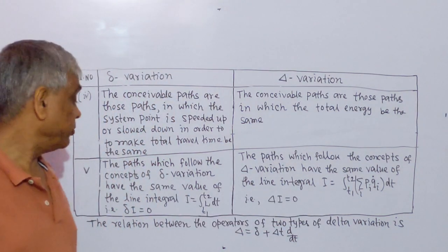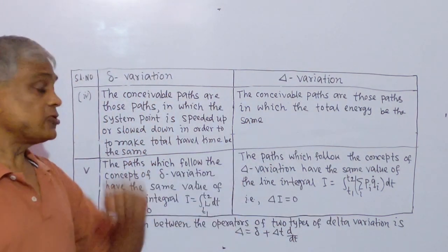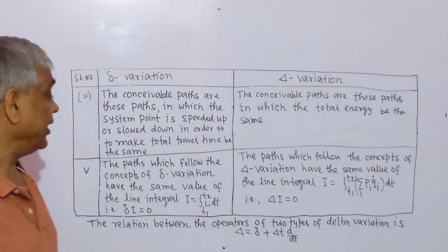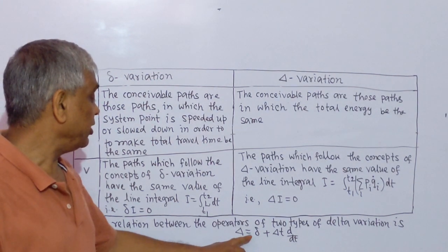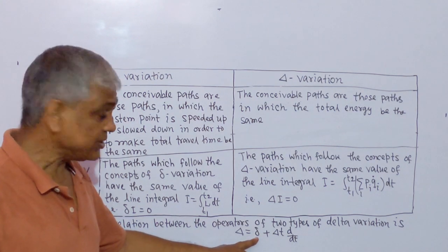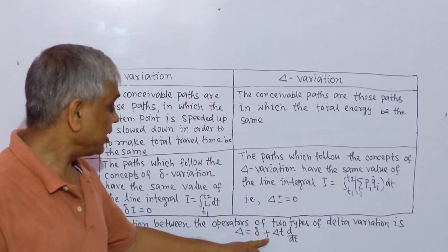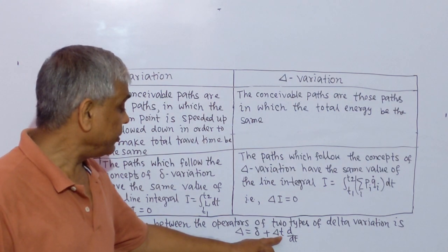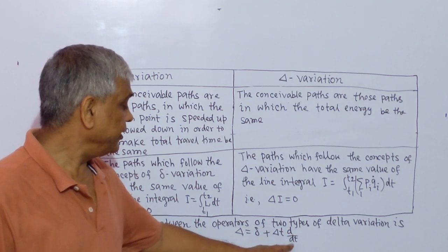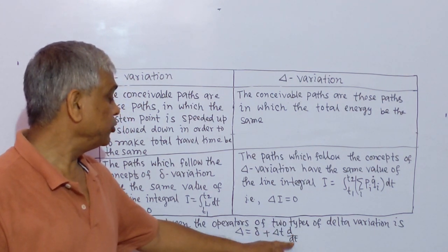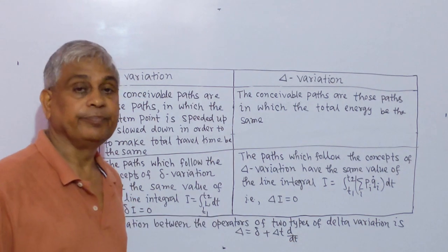The relation between the operators of two types of delta variation is uppercase delta variation equal to lowercase delta variation plus uppercase delta variation of t multiplied by d by dt, meaning derivative with respect to time.